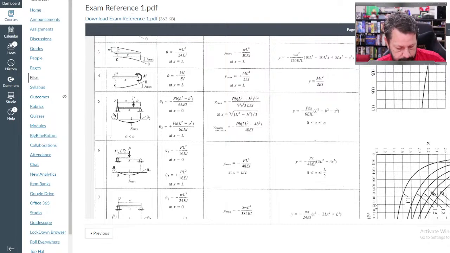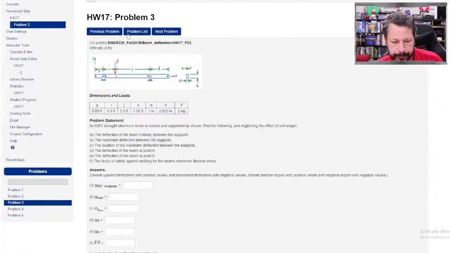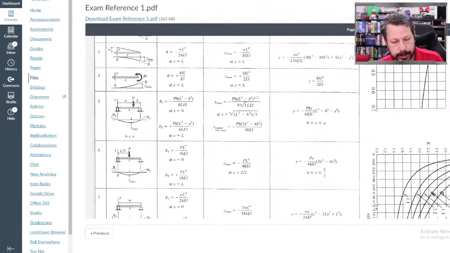So in our WebWork, at least looking at this picture, yes, it's I. Even though it's on the left hand side, I is smaller than J in this diagram. So be careful with some of these, particularly this one with the off-center load, because these dimensions, these variables, are set up in a way that it's not left and right. It is B is the smaller one.